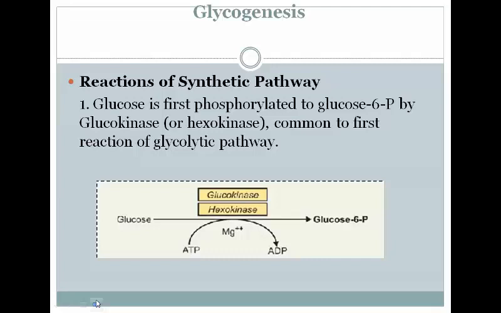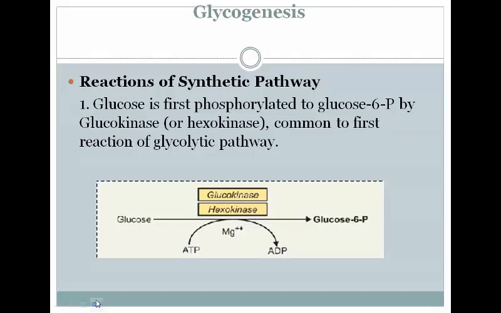Now come towards the reaction of this synthetic pathway. The first reaction is the same as that of the glycolytic pathway, where glucose is converted to glucose 6-phosphate. The enzyme required is glucokinase or hexokinase. As I told you, glucokinase is specific to liver, whereas hexokinase is present in other tissues.